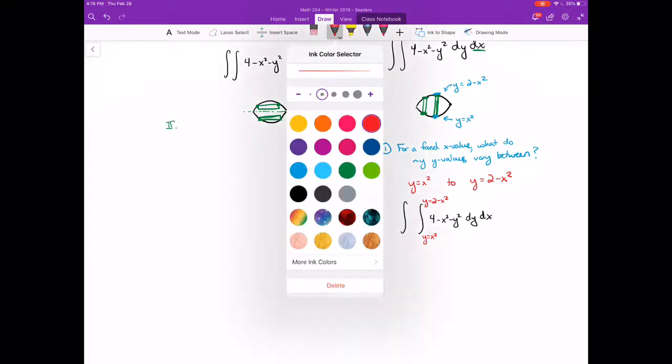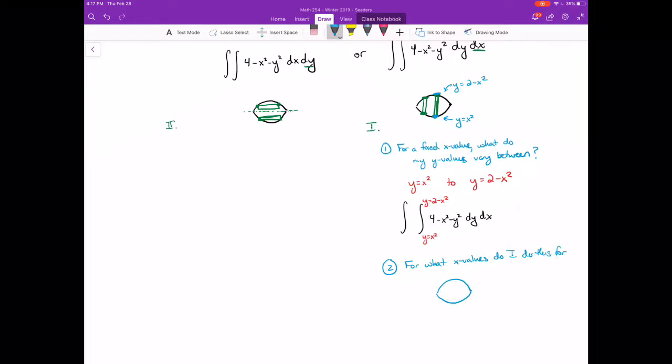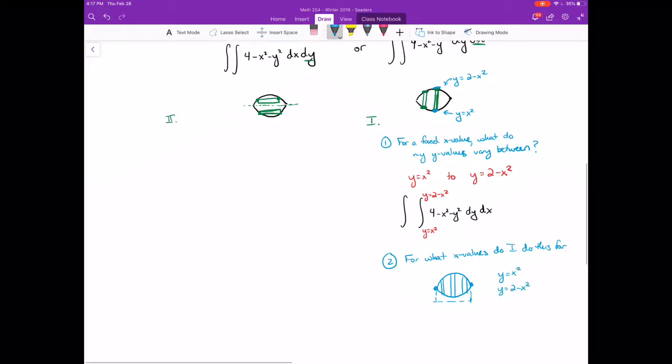And then for the next question, I ask myself, for what x values do I add these columns up for? And again, back to my picture, I think about all my columns, and I just need to figure out what x value I start at and what x value I end at. Well, that's coming from where y equals x squared and y equals 2 minus x squared intersect.